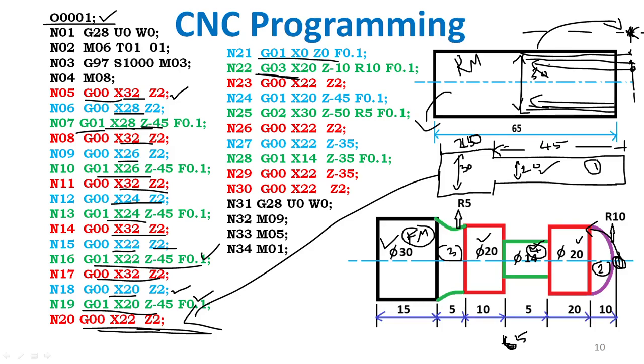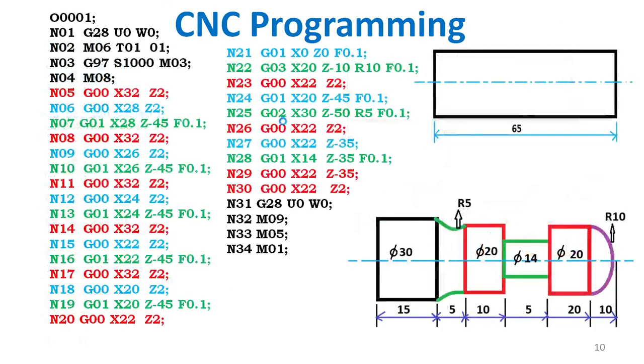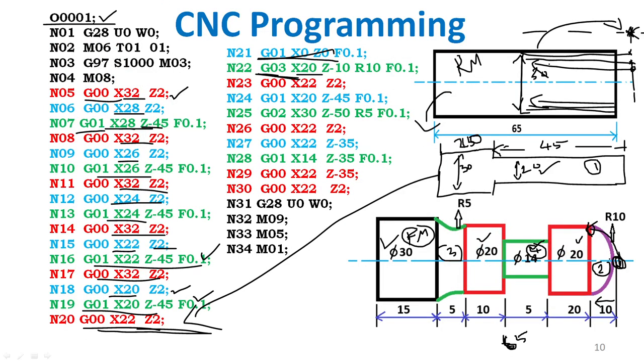X is 20. Starting at X0 Z0, it begins, and ending at 20 it completes. The length is Z minus 10. G03, Z minus 10 is the completion.